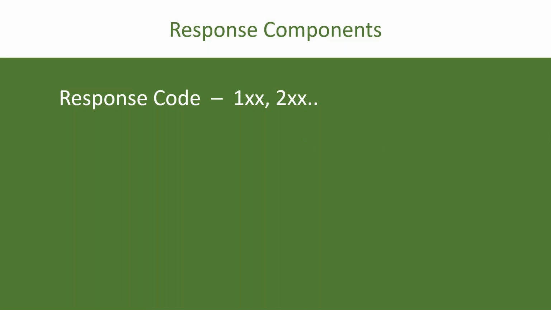We will discuss response codes in detail in upcoming sessions, but for now we will only focus on the response components. Okay, so headers: like how a request has header attributes, similarly a response also has header attributes, and then finally it is the body.